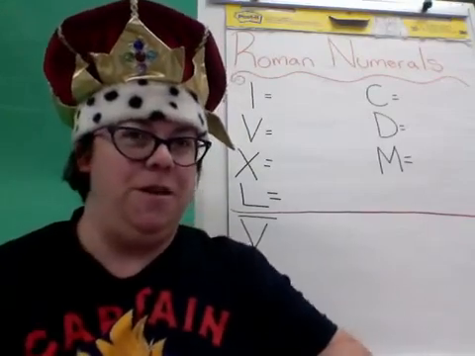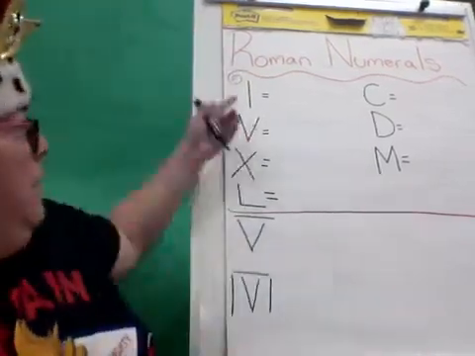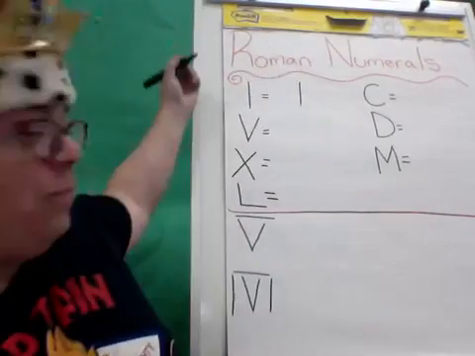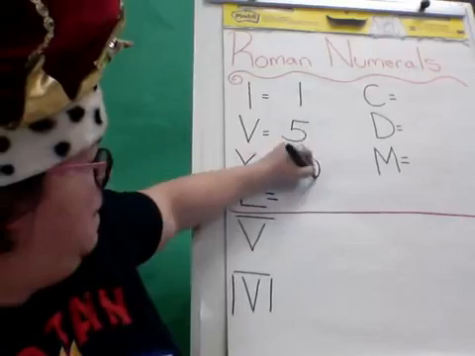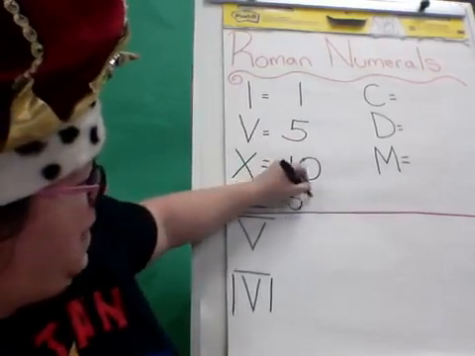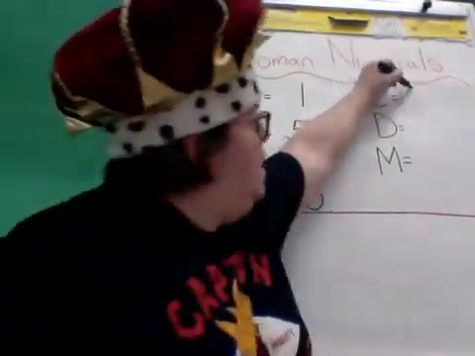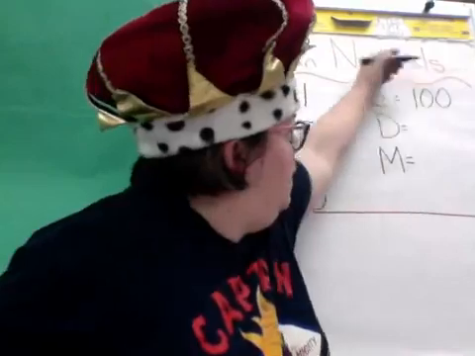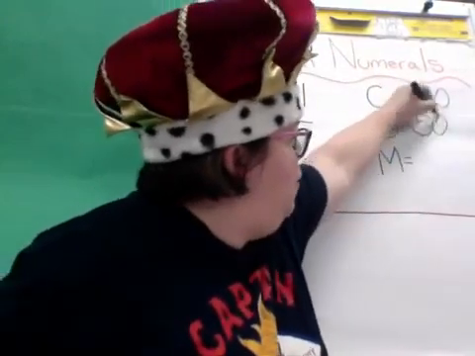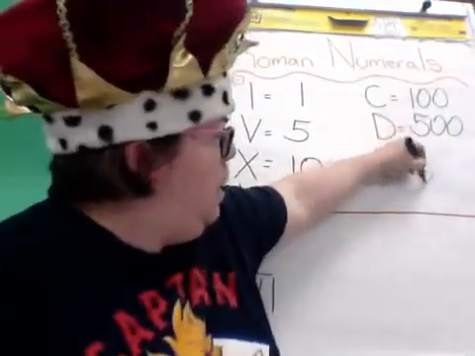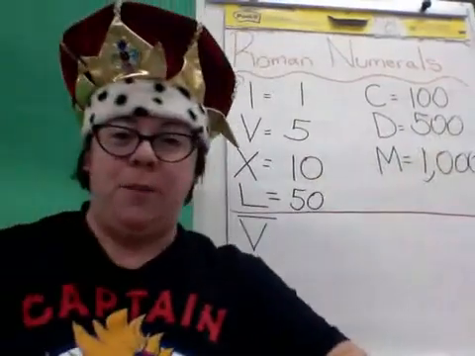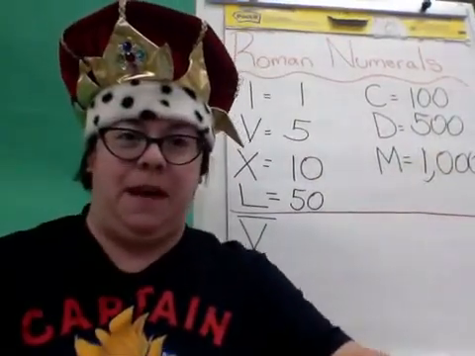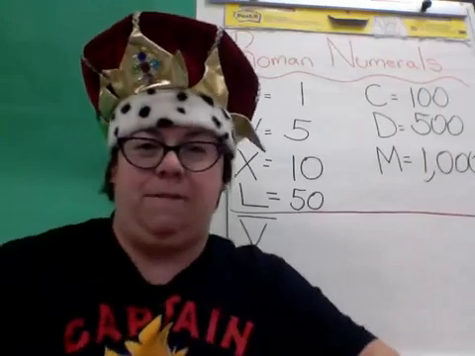Most of you know them already, like the I stands for 1, the V is 5, the X is 10, the L is 50, the C is 100, the D is 500, and the M is 1,000. Now you're probably noticing something glaringly missing from this list.